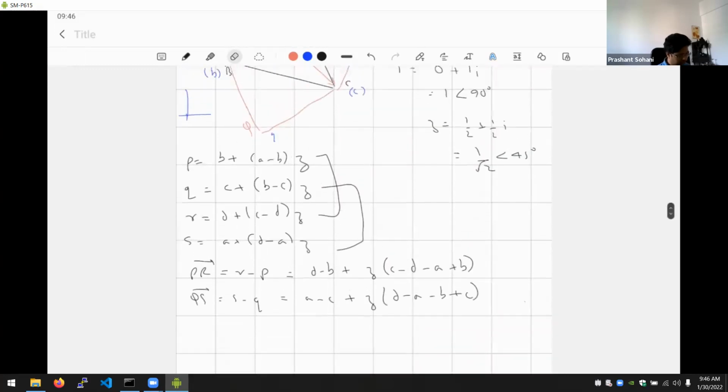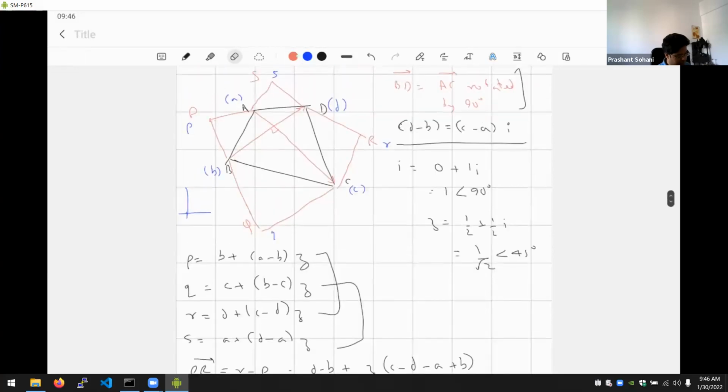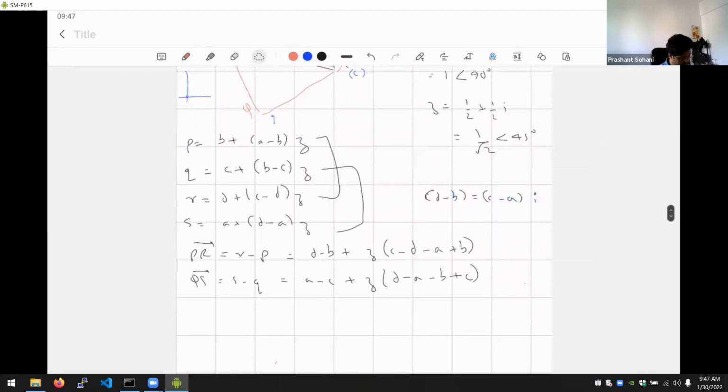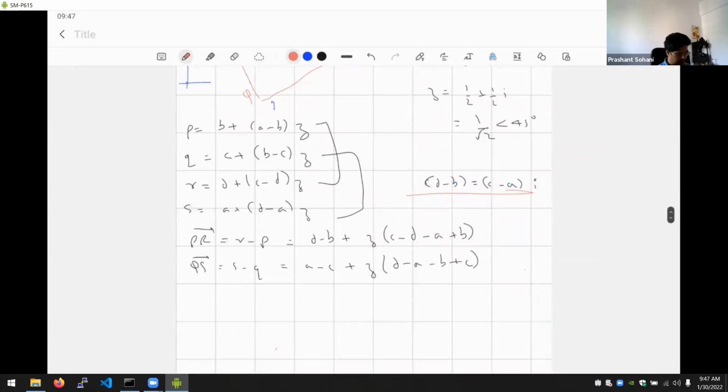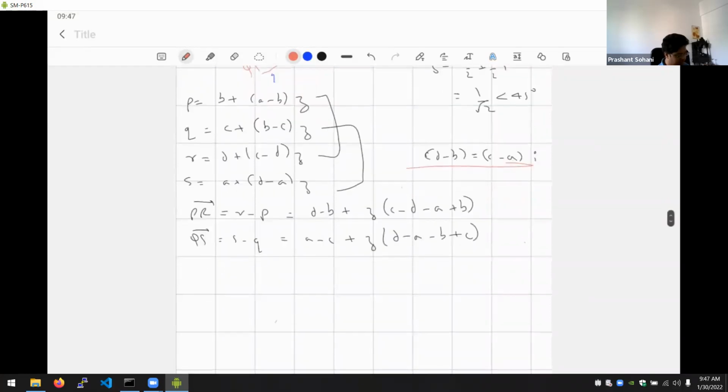Always keep in mind the information we want to use is D minus B equal to C minus A times I. This should always be at the back of our mind, that I want to use this somehow. So do you see I can rearrange the brackets and put everything in terms of D minus B and C minus A. This second bracket in each case can also be factored out, such that D minus B is common.